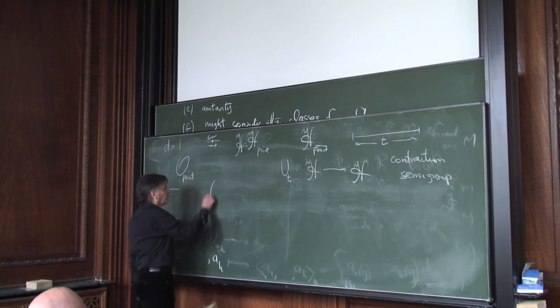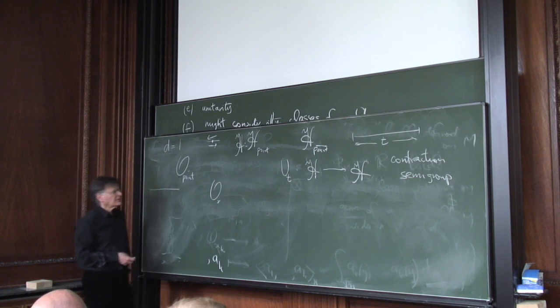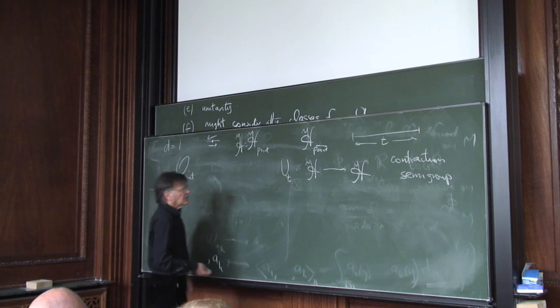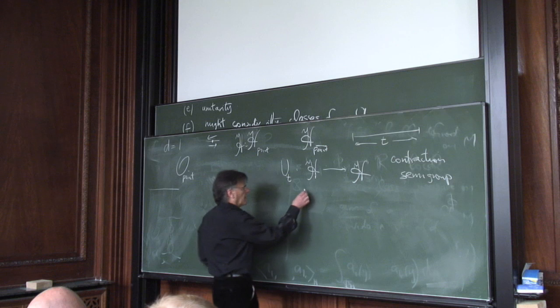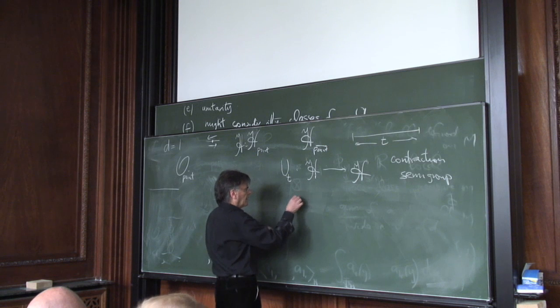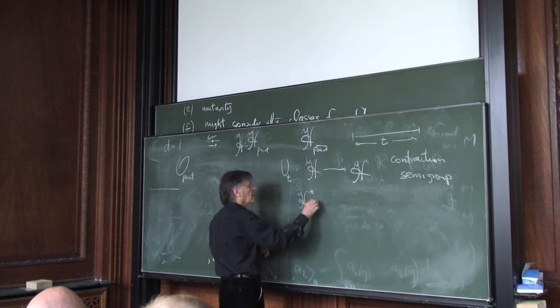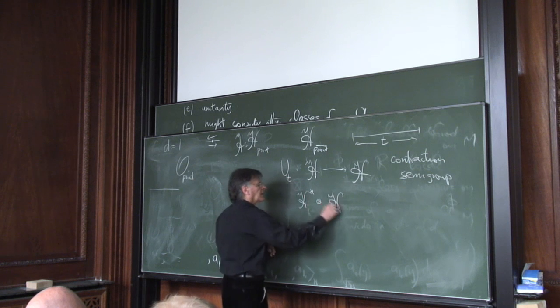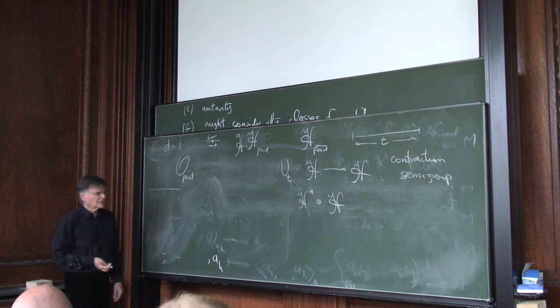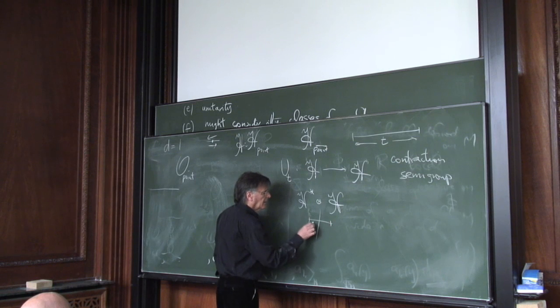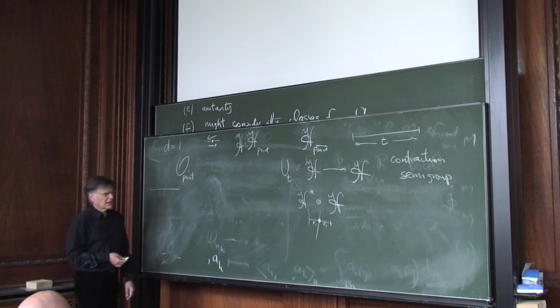And what are the observables associated with a point? Well, you see, we'll be looking at H dual tensor H, in some sense yet to be described as tensor product, associated to each little tiny interval around the point that we're studying.